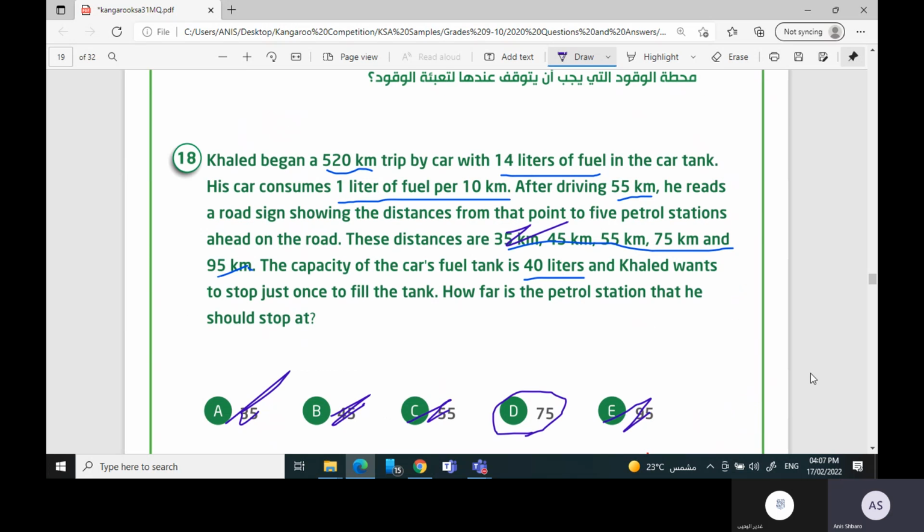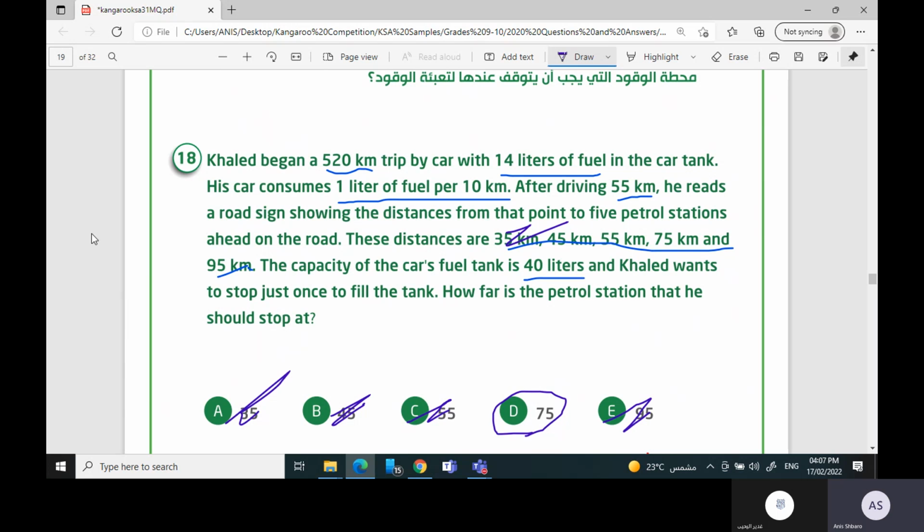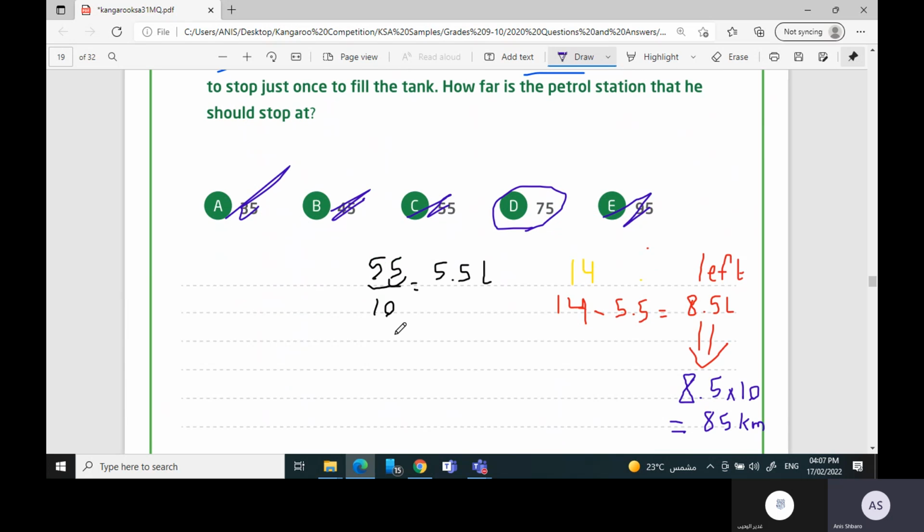Now I'm going simply to repeat everything fast. So what we did is Khalid began a 520 kilometer trip. I don't care about the trip now. I care about how much he got on the way. So he drove for only 55 kilometers and he had 14 liters. I simply calculate how much fuel he still has. So he consumed 55 divided by 10, 5.5 liters consumed.